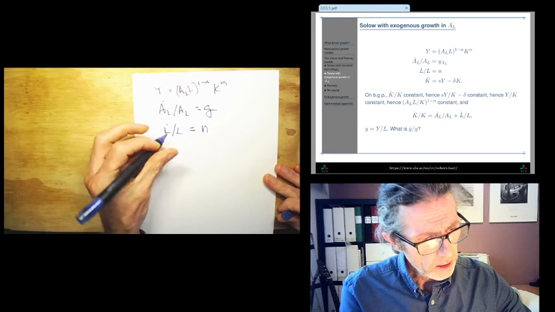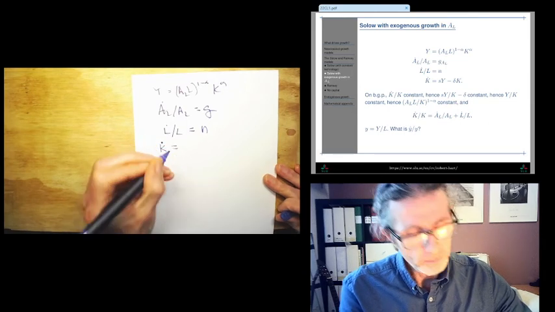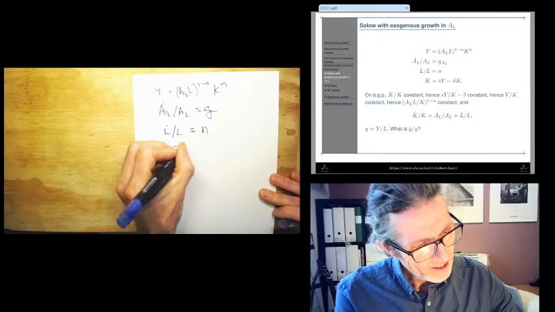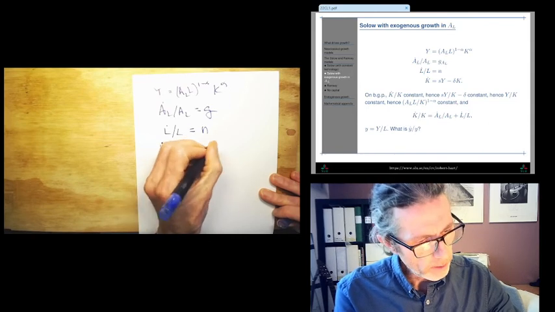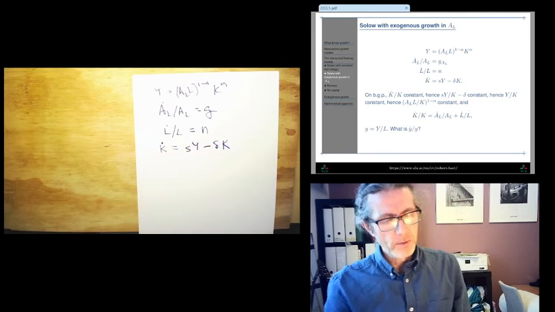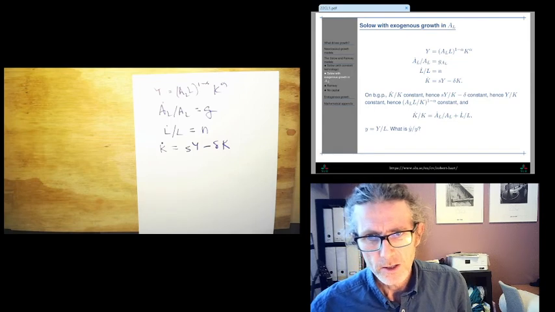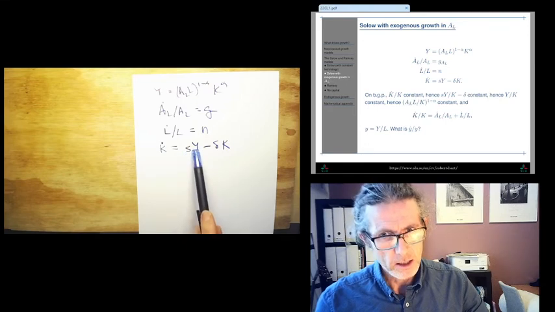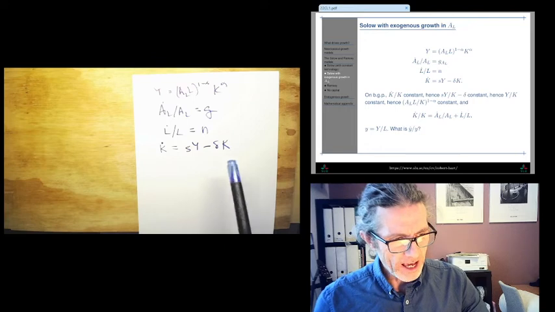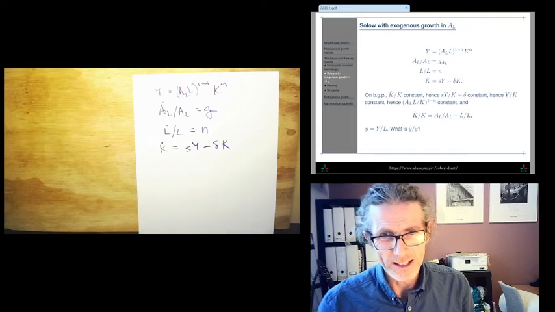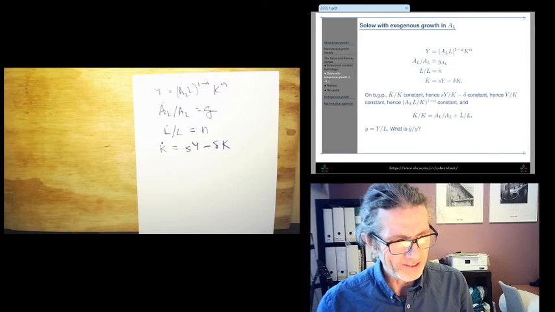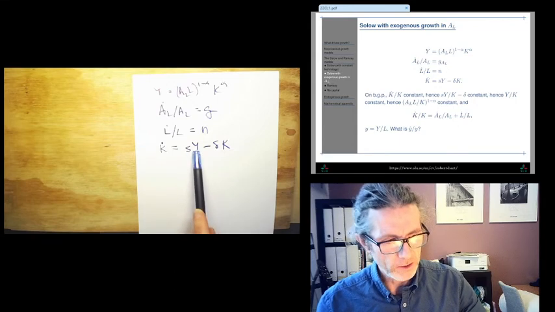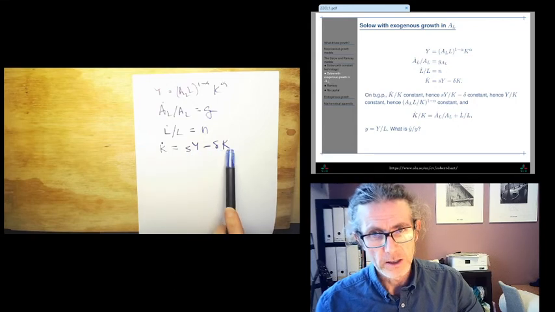and we know that growth in capital, and I'm not sure we've done this or not, I lost track, is Sy minus delta K. So in discrete time, we had K(t+1) is K(t) plus Sy minus delta K(t).